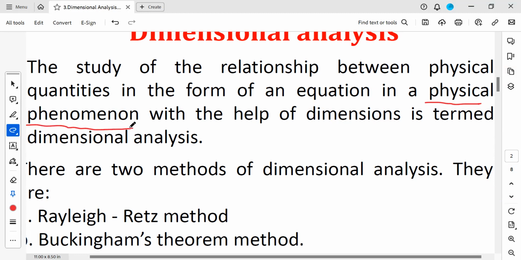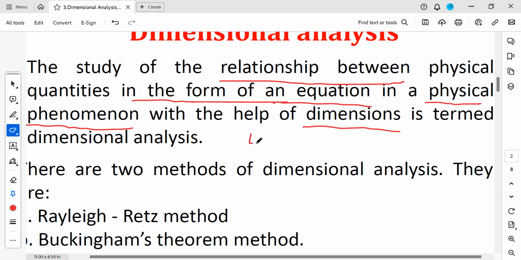Suppose n variables are there, and you want to develop a relationship between these variables in the form of an equation with the help of dimensions. That kind of study is called dimensional analysis.